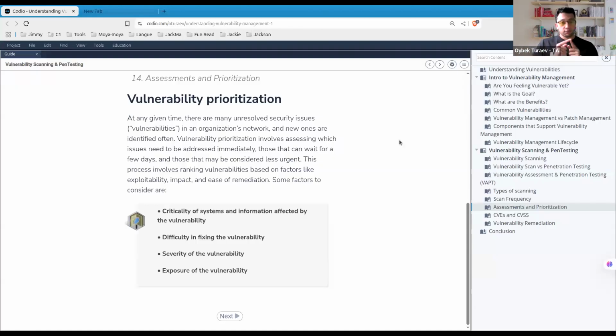Then you choose based on the criticality of the system and information affected by the vulnerability. For example, let's say we have a vulnerability concerning our banking services. If we do not fix this, the clients' access to our system will be interrupted. Then that's our priority, we need to give a fix.